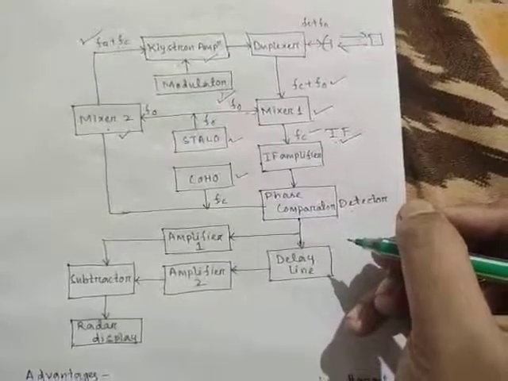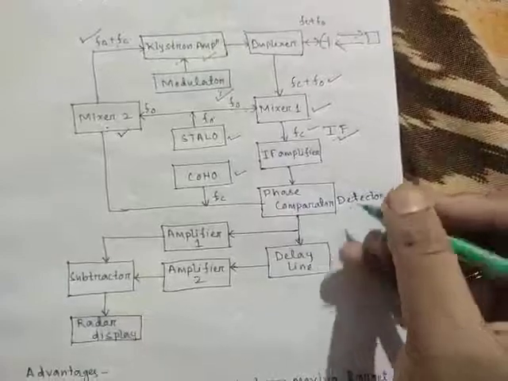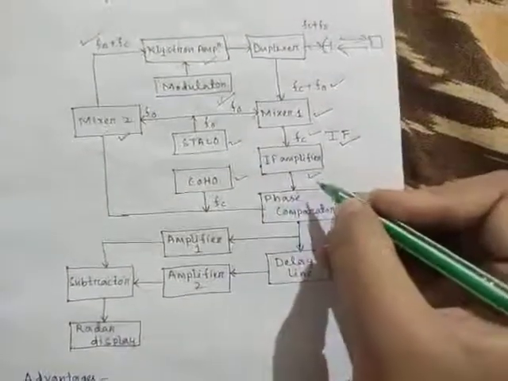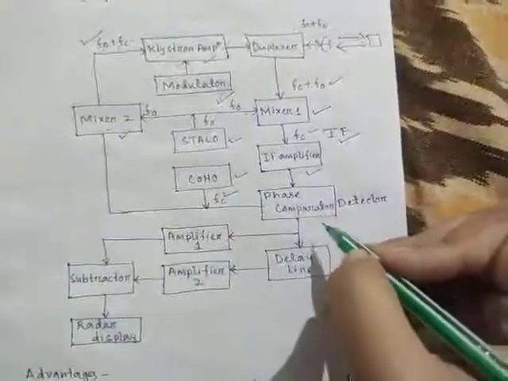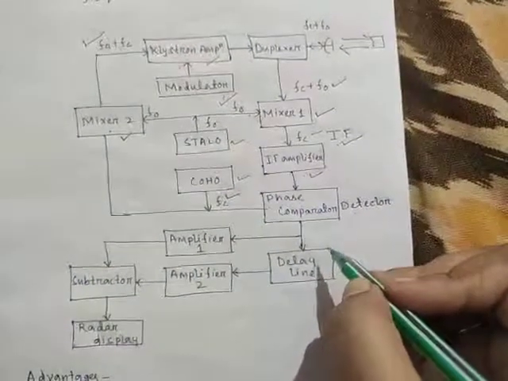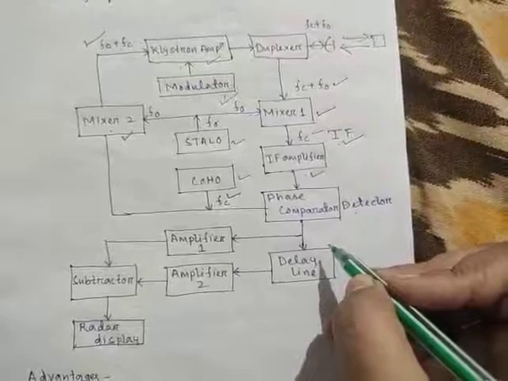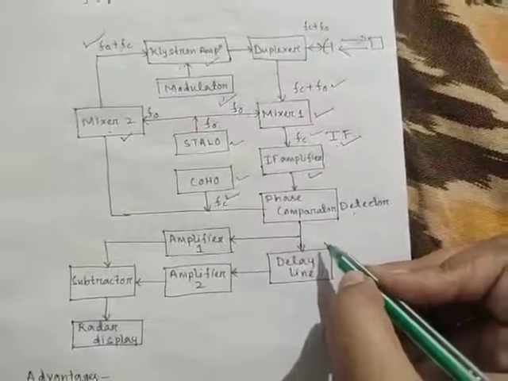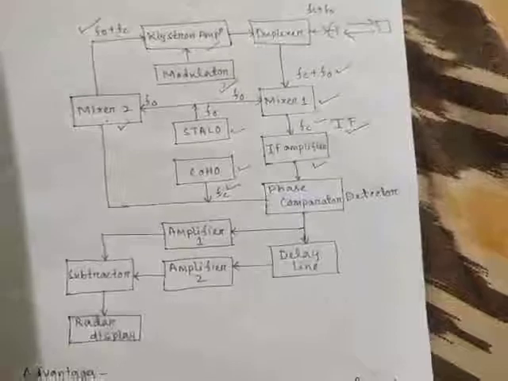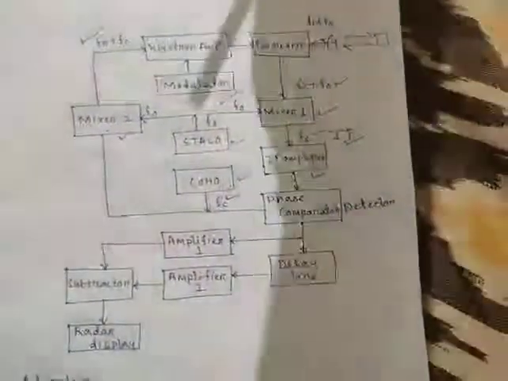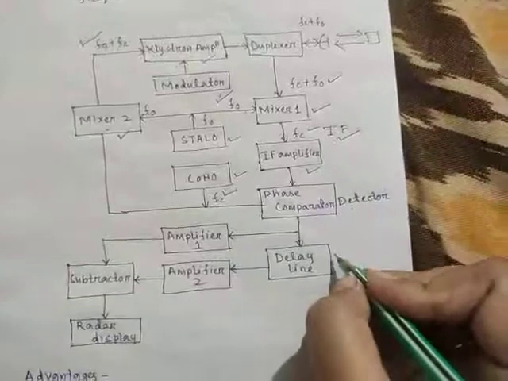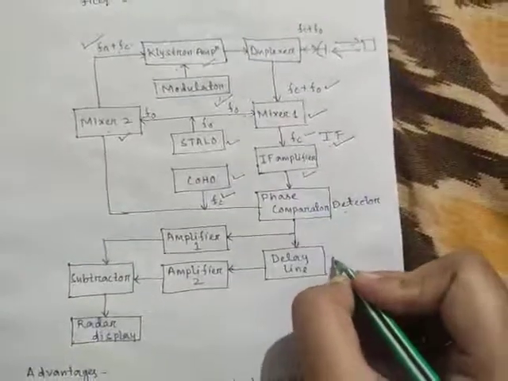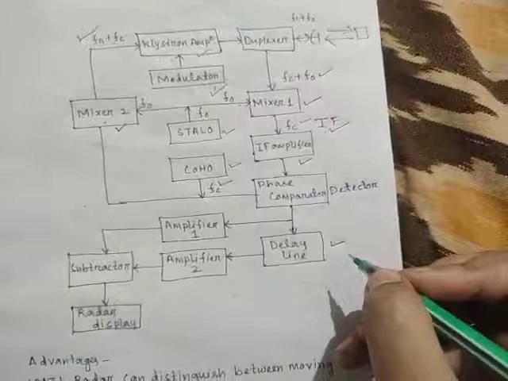Here the detector compares the amplified IF signal with the reference signal obtained from the Coho oscillator and gives an output depending upon the phase difference between the two signals. Then the output of the phase detector is given to the delay line.